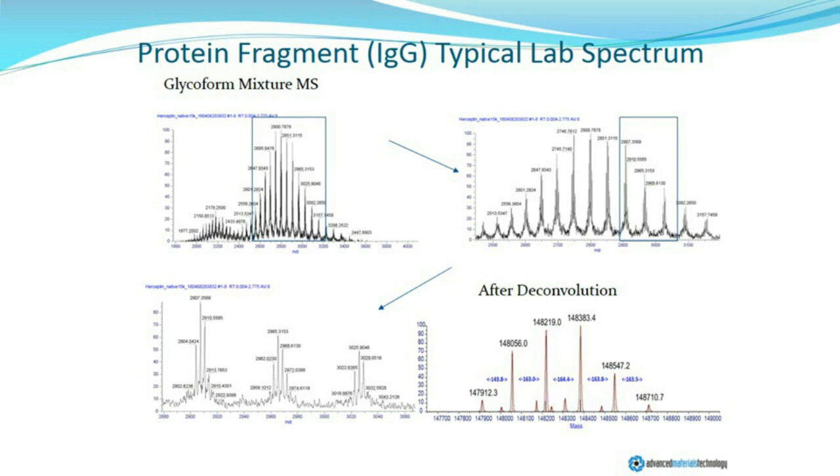We can deconvolute this mass spectral data in order to get a measurement of the intact IgG, in this case on the bottom right-hand side. You can see the mass of the IgG with each of its glycosylation variants. We know these to be the glycosylation variants because of the correspondence of the mass differences in each of those intact molecules.